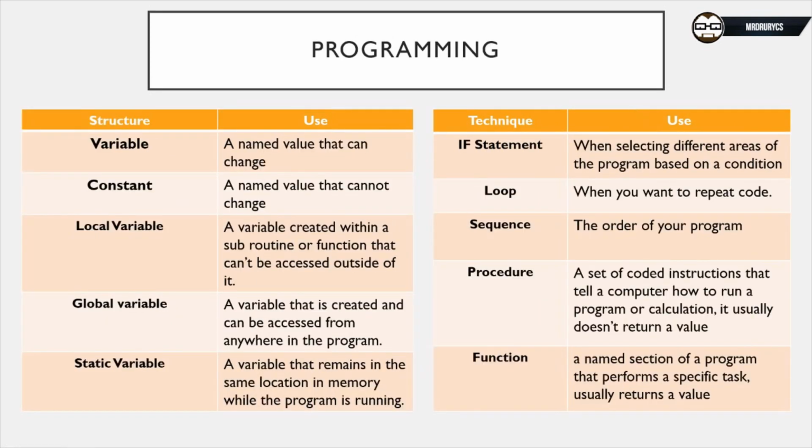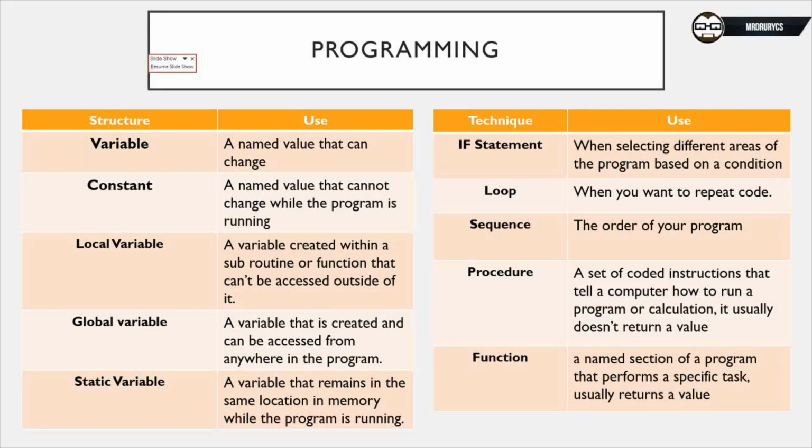A variable is a named value that can change. A constant is similar to a variable, but it's a named value that cannot change whilst the program is running. If you think about a maths program that was using the variable pi, 3.14, no way is that number going to change.